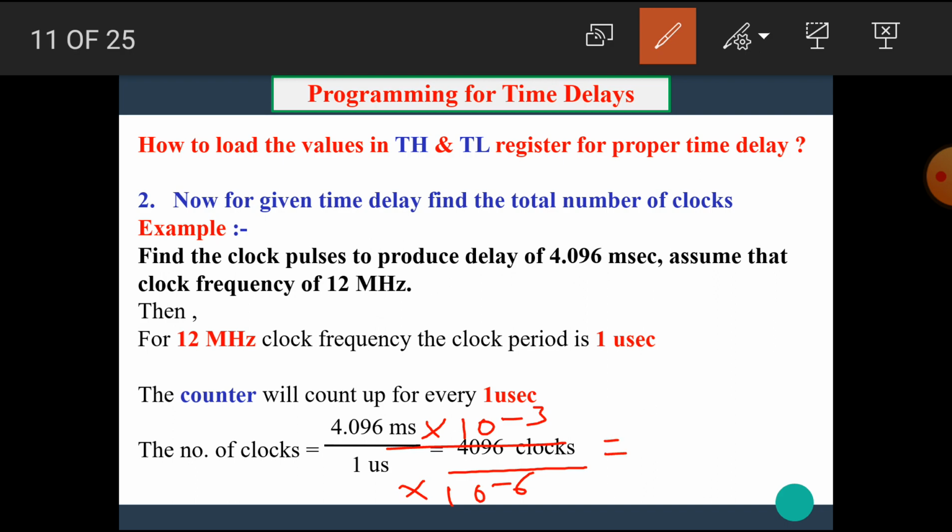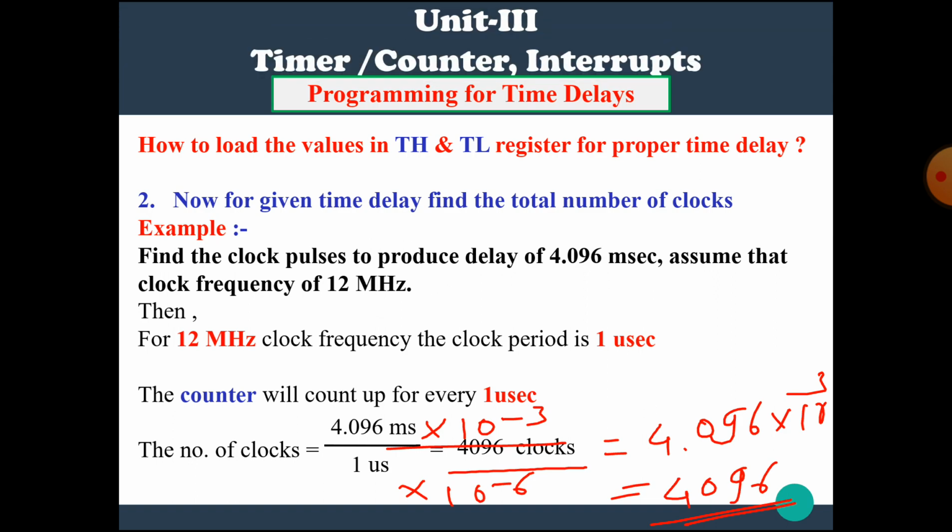We get here 4.096 into 10 raised to 3. Then after multiplication of this we get 4096 clock pulses. Okay, I hope you all understand these calculations.